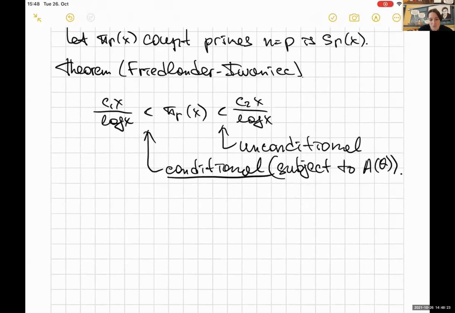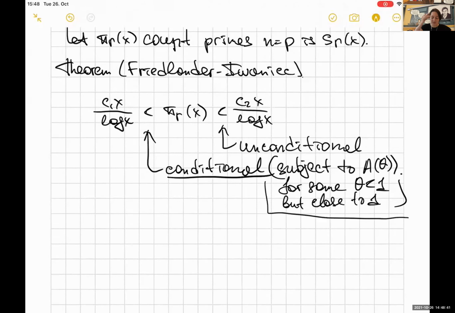So we must assume A of theta for some theta smaller than 1, right? But close to 1. I will come back to this point later. And then Friedlander and Ivanets showed this upper and lower bounds.